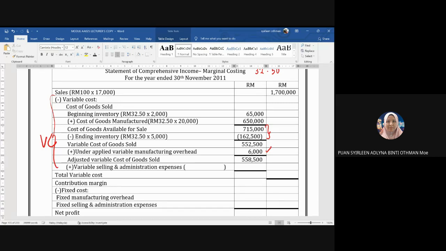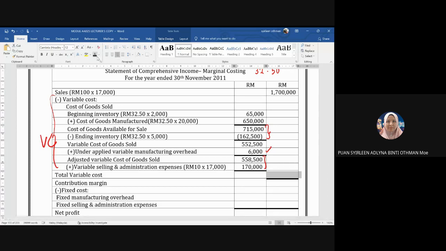Alright? Okay, so now we will add variable selling and admin expense. So earlier we had 170,000, right? But we must show it. Okay, RM10 multiplied by 17,000. So here is 170,000. It will be put here. So you take adjusted COGS plus variable selling and admin, and we will get the total variable cost here.